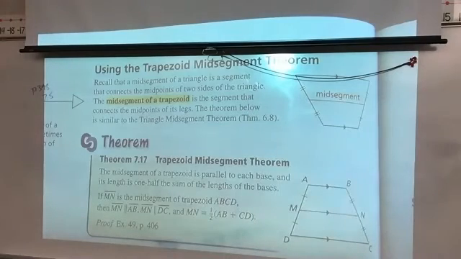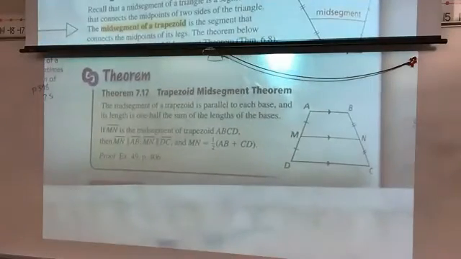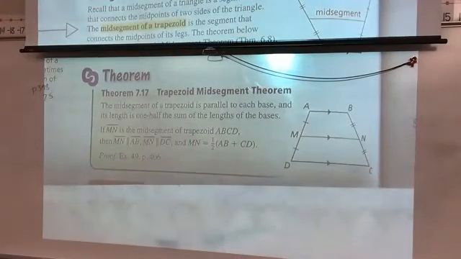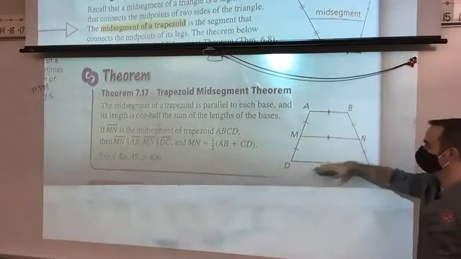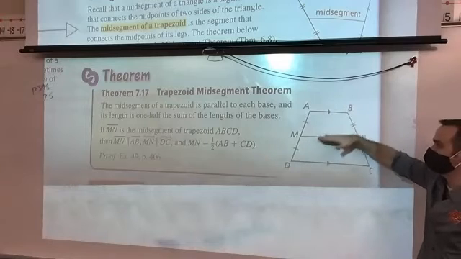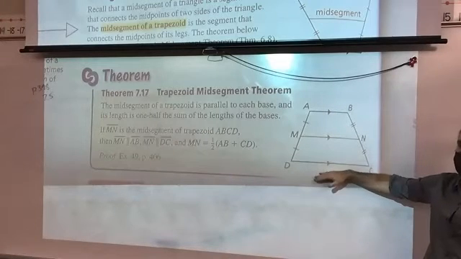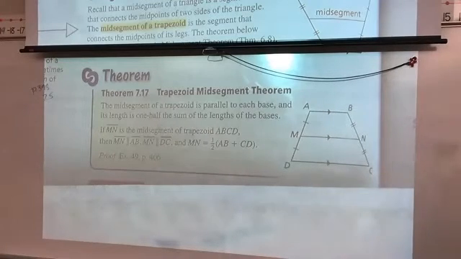Okay, that's our mid-segment. We know that it's going to be parallel, just like the triangle one was. It's going to be parallel because that should make sense: the top and bottom are parallel, we're cutting it in half, so that middle one's going to be parallel too. If you recall back to the triangle one, the mid-segment was half of the parallel side.